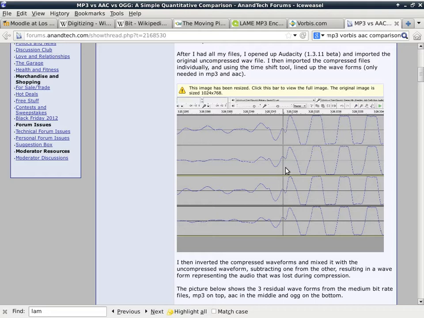I also perceive something called a sound stage, where the greater the bit rate that you have in your MP3 file, the more of a three-dimensional presence you can feel. So if you're listening to an orchestra piece, it gives off an illusion of a room where you can actually hear individual instruments at a higher bit rate.